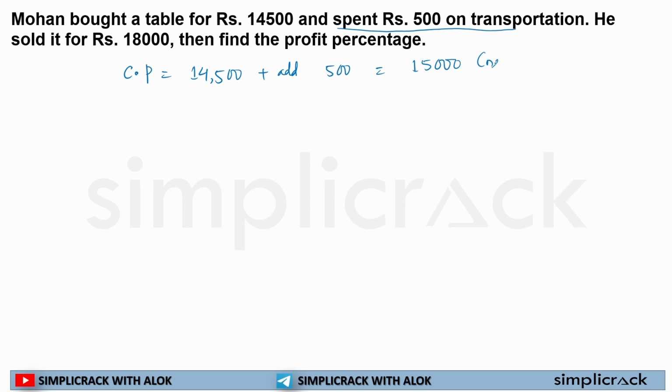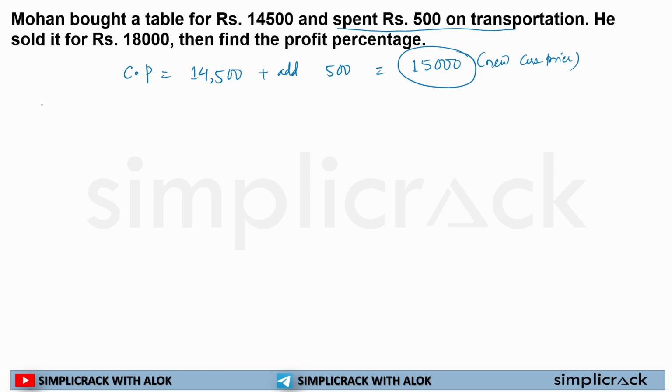So this is the new cost price. Why do you need to find this out? Because if he is selling and you are calculating profit percentage, then we need to understand the actual cost borne by him, or the actual cost incurred by him. So in order to find that out, we need to add all the expenses with cost prices.